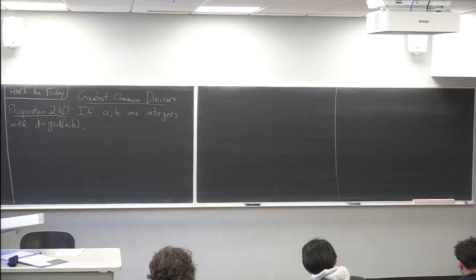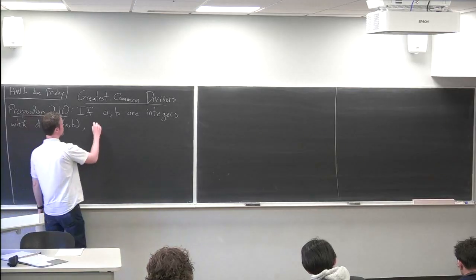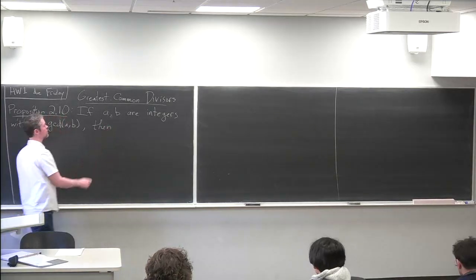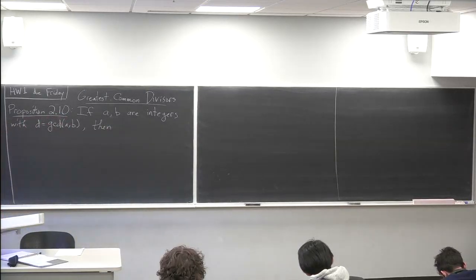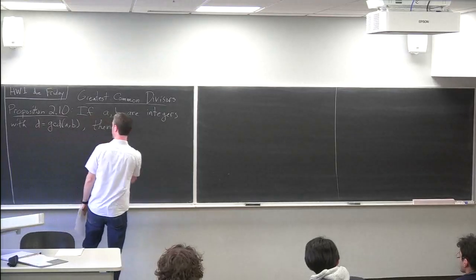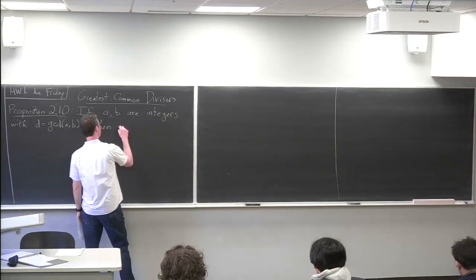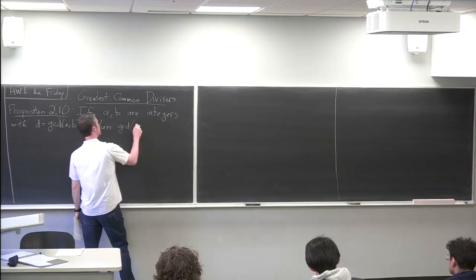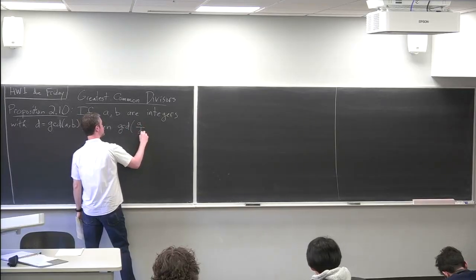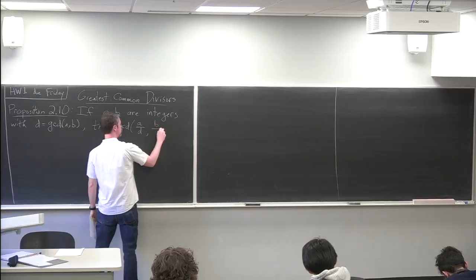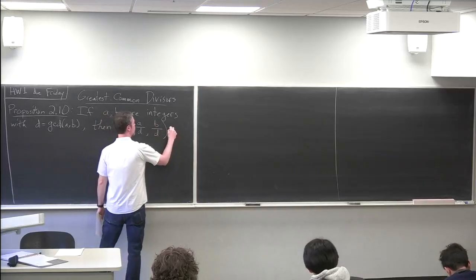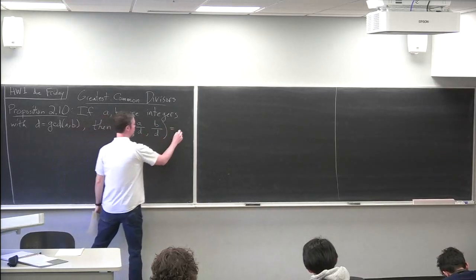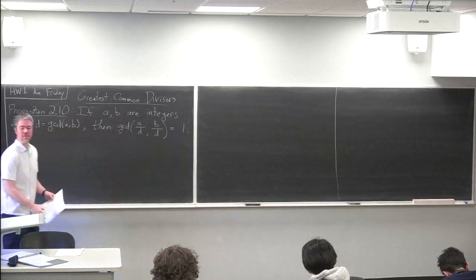So the statement here is that there's a way to produce a pair of relatively prime integers out of a and b by just dividing out by what they have in common. If you take these two integers and divide them each by their greatest common divisor, then what you will get will be a pair of integers that are relatively prime.